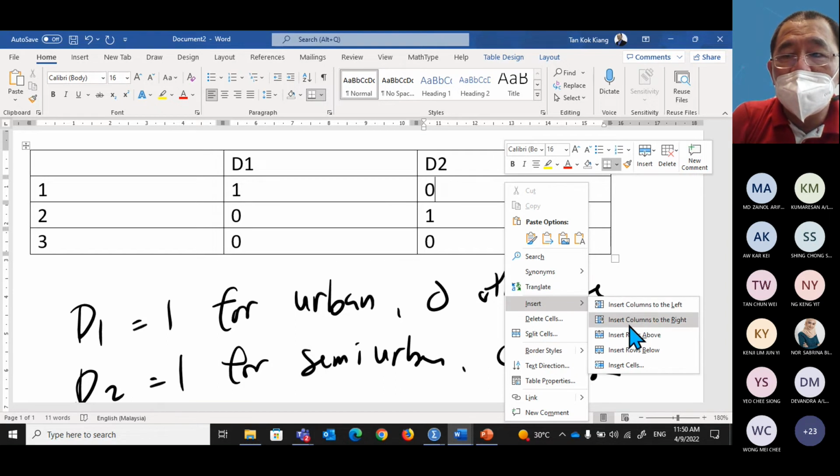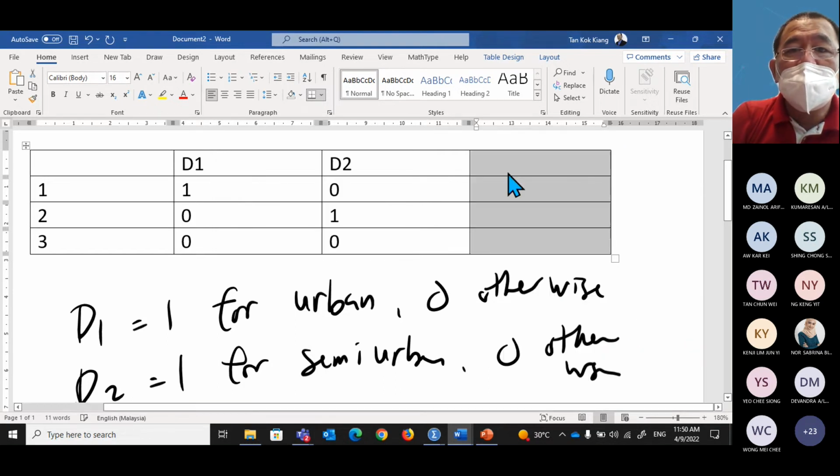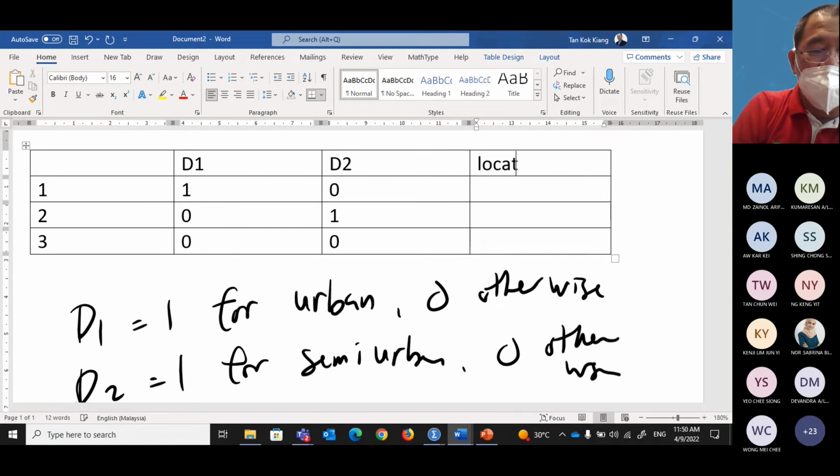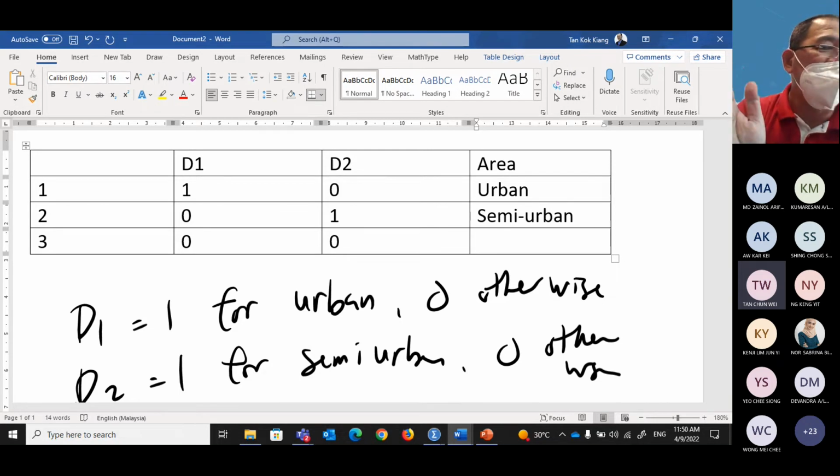Any question? Location or area may be a better name. So this is urban, semi-urban. So for a dummy, we can only use either 1 or 0, right? Yes, correct.